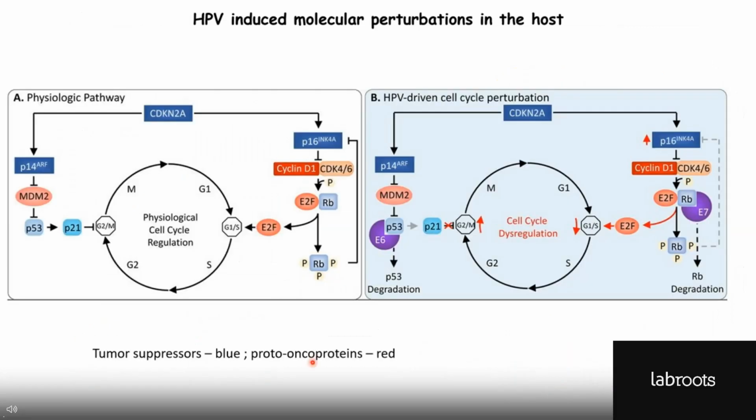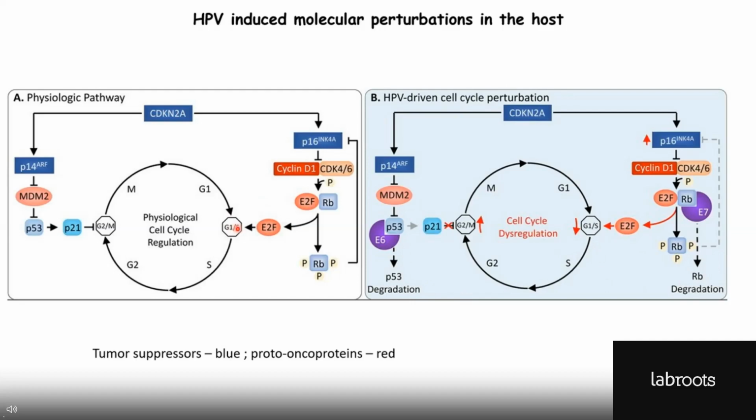And for that, we asked some questions, because HPV proteins regulate tumor suppressors like p53 and RB as well. They sequester them to degradation, and that leads to an aberrant cell cycle.